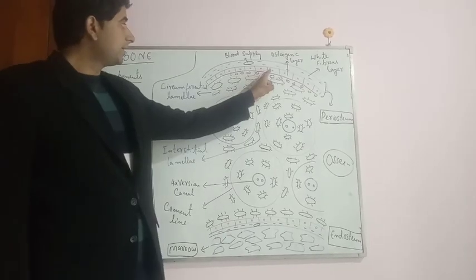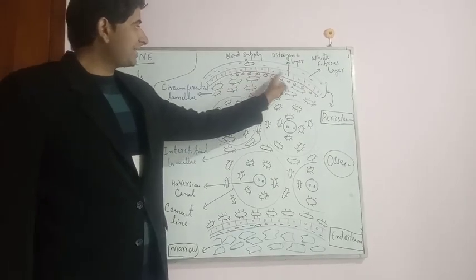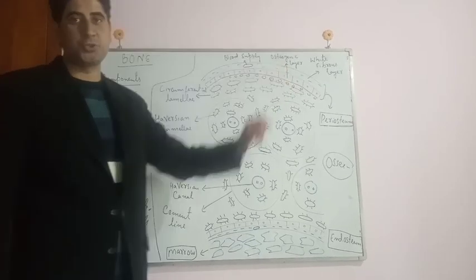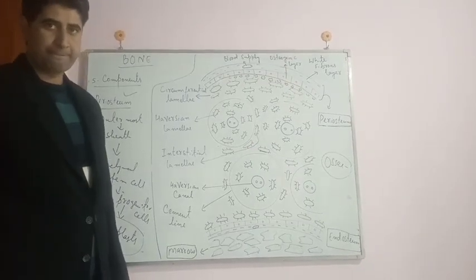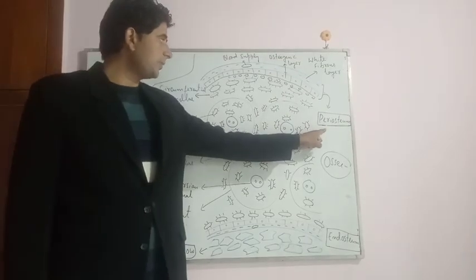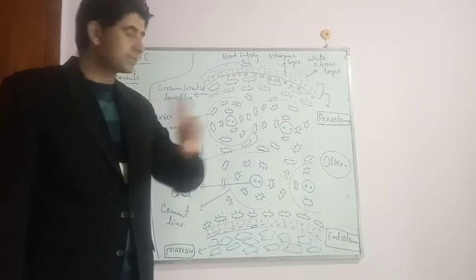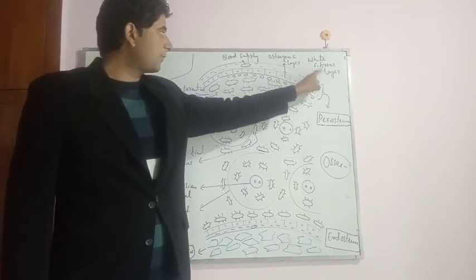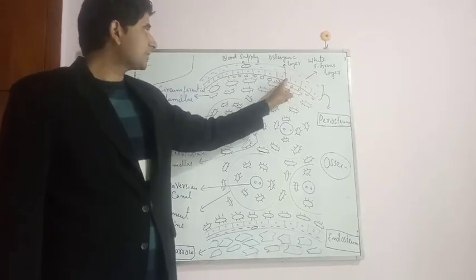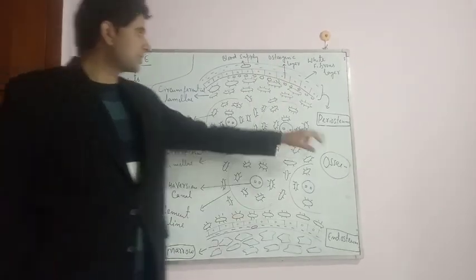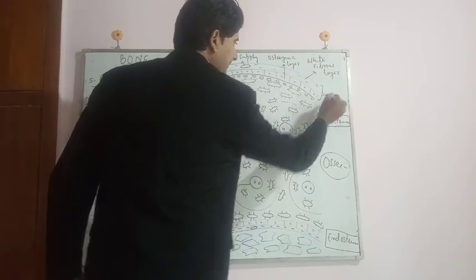So since this layer produces the osteoblasts, that is why इस layer को हम कहते हैं osteogenic layer. So that means the periosteum is the outermost sheath consisting of two layers. Outermost is termed as white fibrous layer, and next one is the osteogenic layer. So that's the first component of the bone.